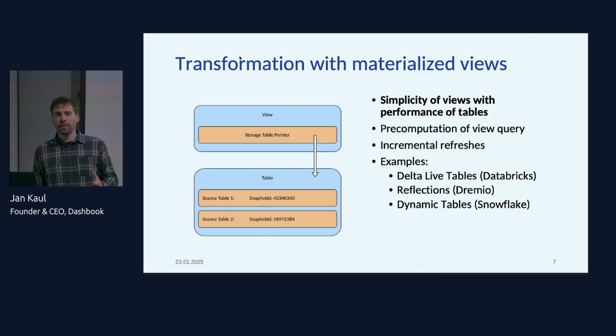The only problem with these products is that they lock you into their vendor ecosystem. If you use Delta Live Tables, you can only query them from Databricks. You cannot use another open source query engine like DuckDB or Polars to access the data because it's their proprietary format.